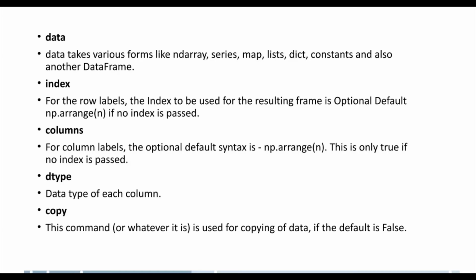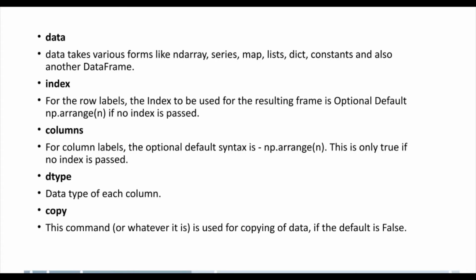As in SQL, we number the different rows with 1, 2, 3, 4, and in arrays we generally start from 0, 1, 2, 3, 4. So assigning a particular number or anything else to each row is the index. If you don't specify it, it will take np.arange(n) if it contains n rows as the default index. So it will return 0, 1, 2, 3, 4 and so on.